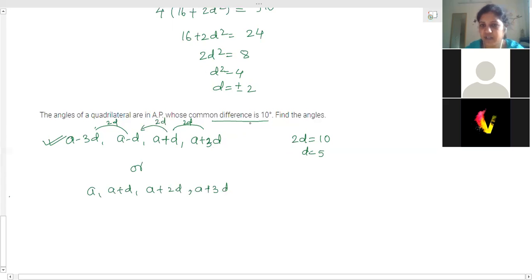Generally what happens in such cases, students use these values and for the value of D they will write 10. Then if you substitute 10, that means the difference between every angle will be 20. It will not be 10. So therefore we are not considering this.